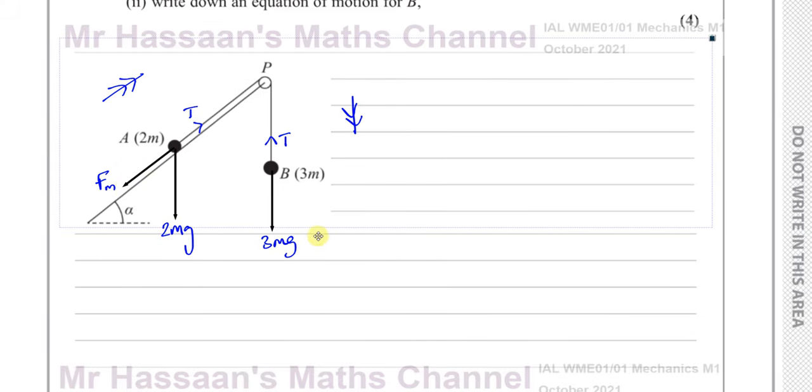So this is F max, you could say. The other force acting on this, which we don't have to worry about in this part of the question, is the reaction force acting when two objects are in contact, which is perpendicular to the plane.